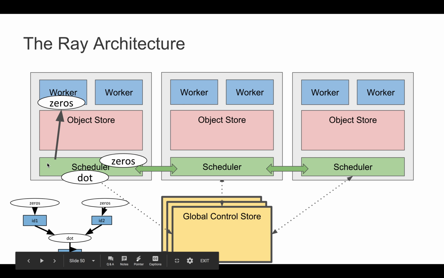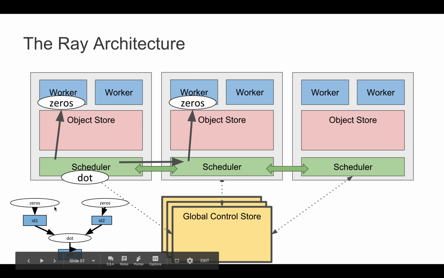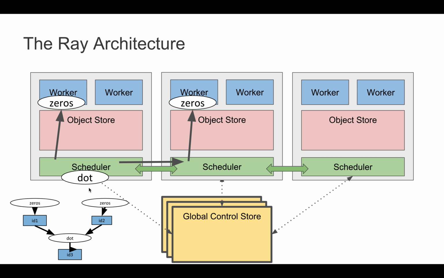So the first task it will give to, say, one of these workers, and that worker will start executing it. And the second task it might give to another scheduler, which then gives to some worker on that machine. So these two tasks can be executing in parallel on different machines. And this third dot task might just stay put where it is, because it depends on the outputs of the first two tasks, which aren't available yet, and so it won't execute until those outputs are created.